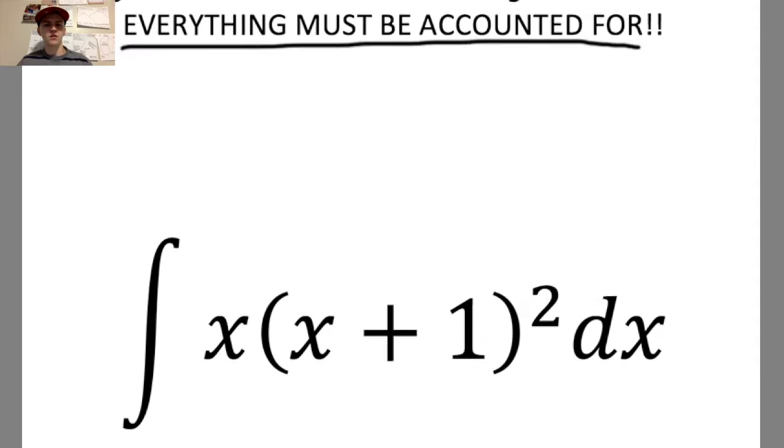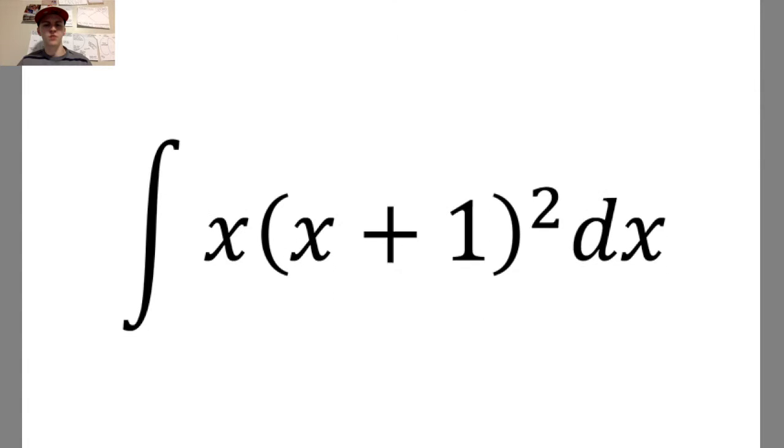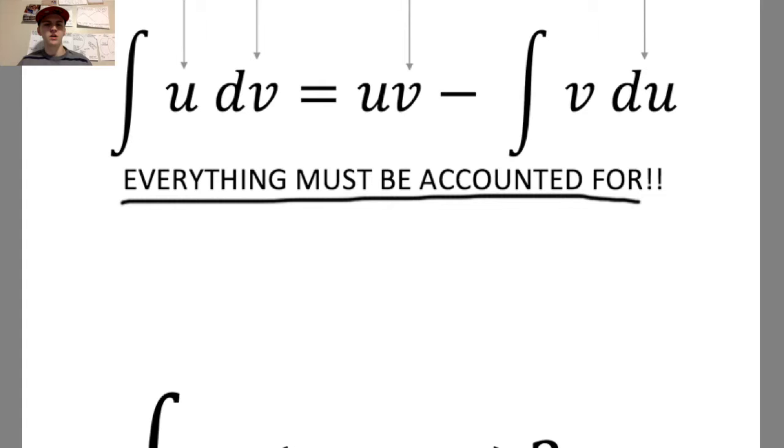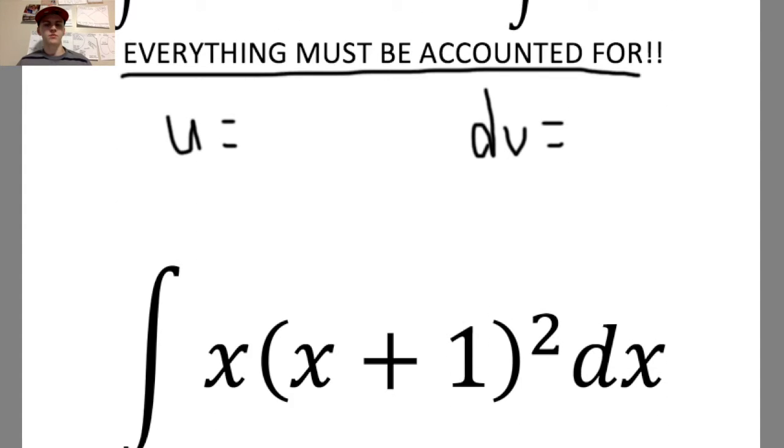So we can start with this problem, and I'll take it one step at a time. I'm just going to write out the variables that we have here: u and dv.